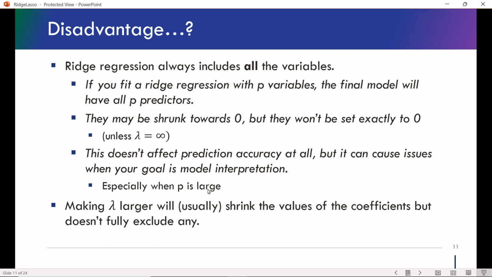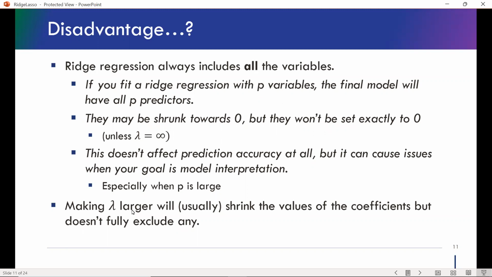This would not affect the prediction accuracy, but when you have a big model with many predictors, it's hard to interpret. So this causes an issue when your goal is model interpretation, especially when p is large.